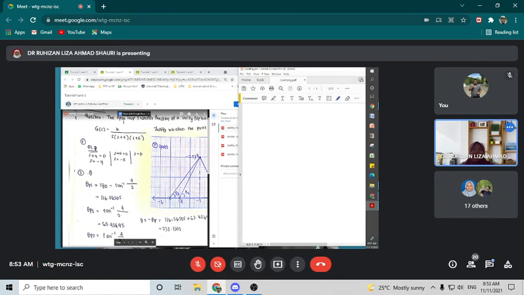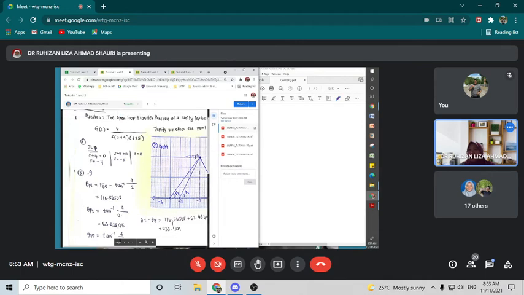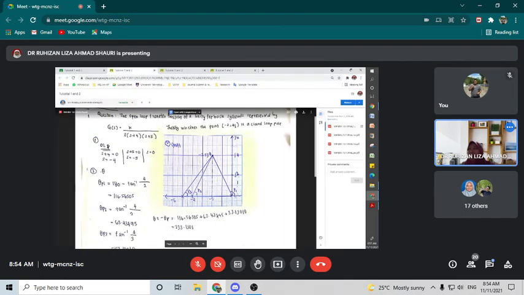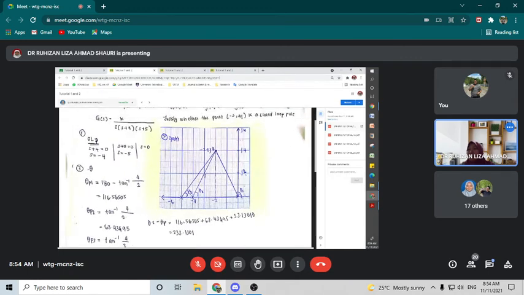Can you see that from the transfer function? You have 0, -4, -6 only, right?